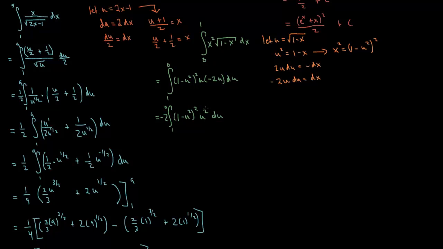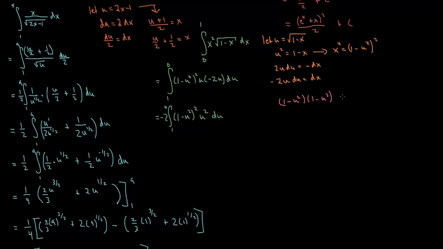Okay, let's do this. Let's just multiply this 1 minus u squared, since it was squared. Let's FOIL it. So just off to the side real fast, we have 1 minus u squared times 1 minus u squared.